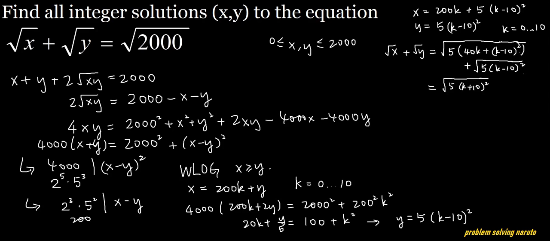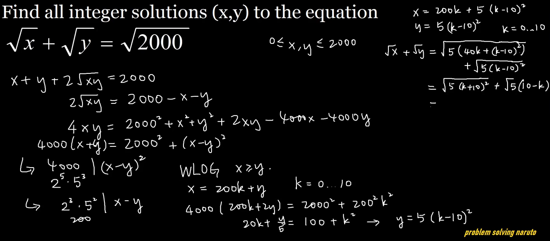So we can just take the square root. I know k must be from 0 to 10, so I can write this as 10 minus k, because of course we want to take the positive.